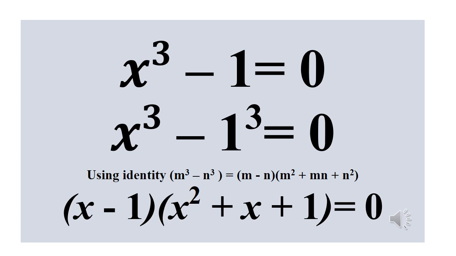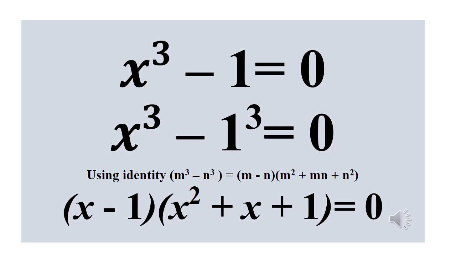So from here, since x is raised to exponent 3, we can as well raise 1 to the power of 3. So they have the same power, 3 and 3. 1 raised to power 3 is still the same thing as 1. So we have x raised to power 3 minus 1 raised to power 3 equals 0.